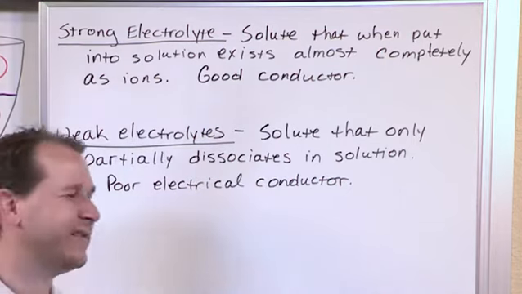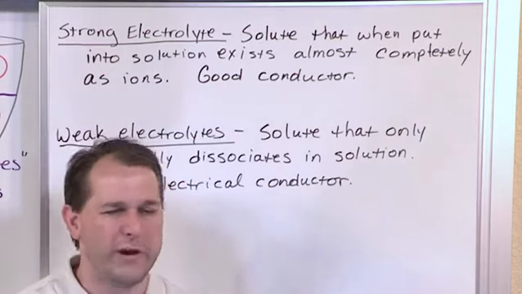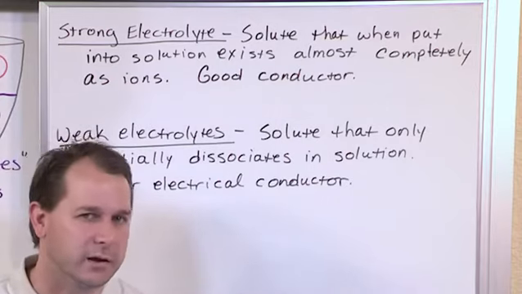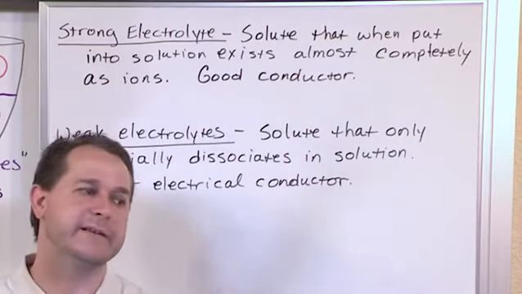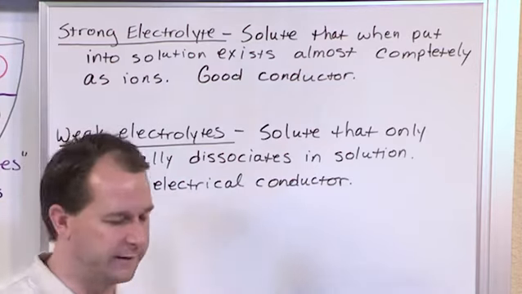So because not too much of it actually dissociates, then you have sort of a weak or poor electrical conductor. Maybe it conducts a little bit, but not really that great because not that much of it dissociates. In other words, it doesn't all want to fall apart when you stick it in solution.